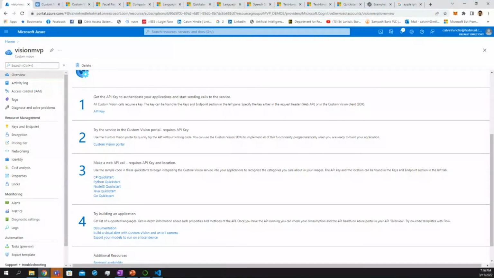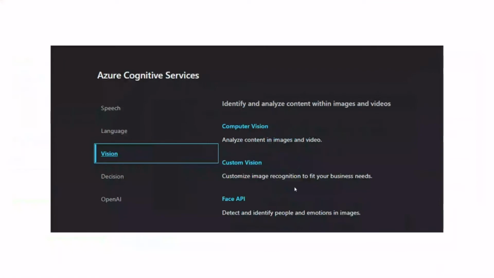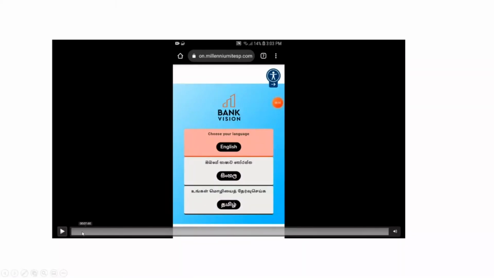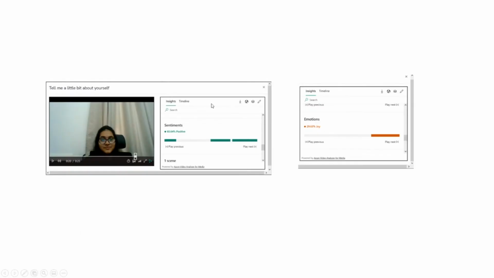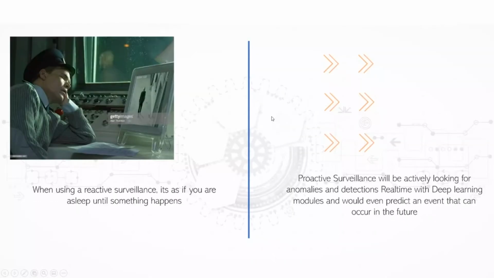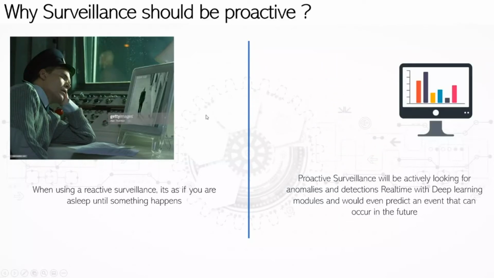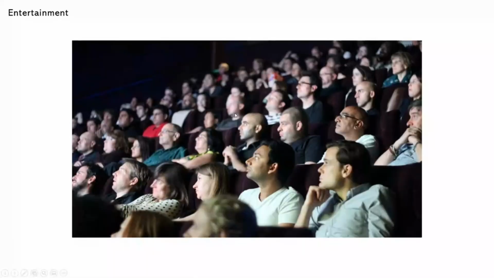I'm not going to talk much about these industry cases. This is something I spoke about previously, so I'll skip this for now. This is the surveillance use, for security surveillance and so on. This is also for entertainment.